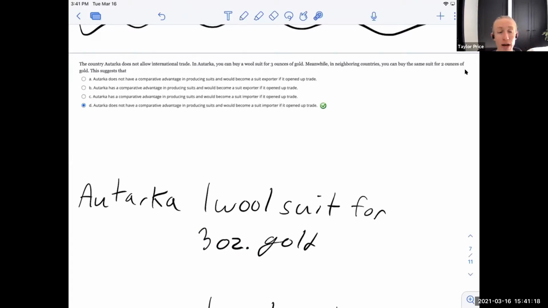So for the next question, this one was talking about the country of Ataturk, which does not allow international trade. So in this country, you can buy a wool suit for 3 ounces of gold. Meanwhile, in the neighboring country, you can buy the same suit for 2 ounces of gold. So what this suggests is that this country does not have a comparative advantage in the production of suits.